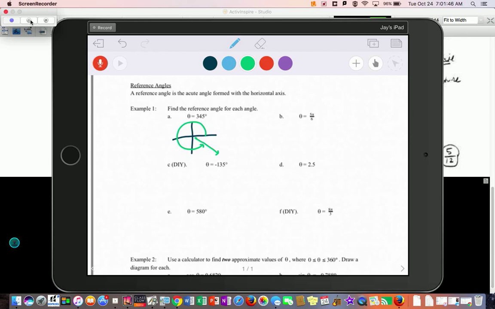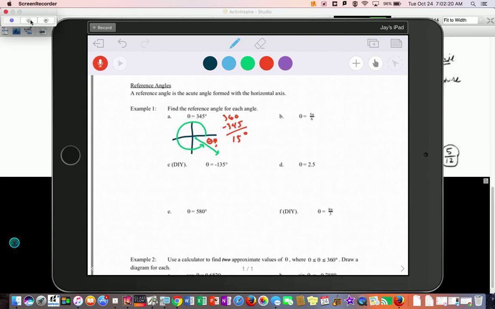So that's my terminal side, and I'm using the arc to kind of show you that I wrapped around in a positive direction to 345. This is the angle that they're talking about. What is that reference angle? And so I can take 360, which is the x-axis of that quadrant, minus the 345, and I'm getting 15 degrees.